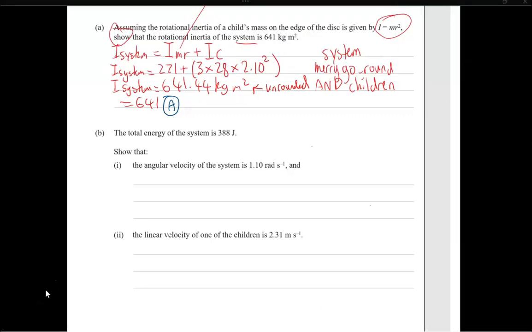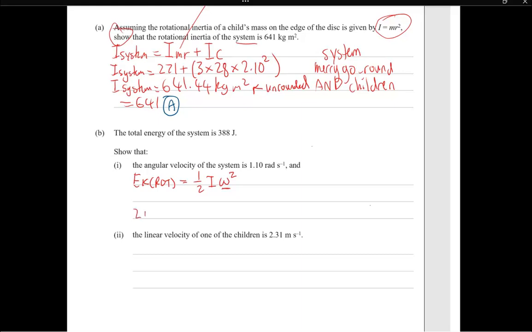Okay, so with this information, if we go to our formula sheet, there is an equation we can use to do this, and that is the rotational kinetic energy is equal to half inertia and angular velocity, or omega squared. And we have all the stuff we need to rearrange to get omega.